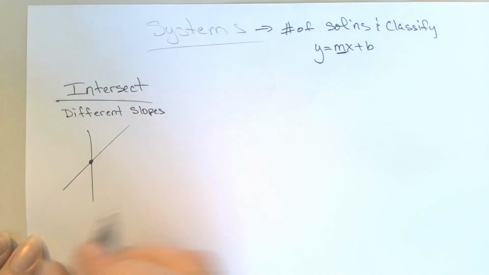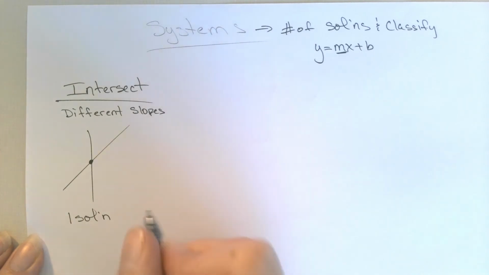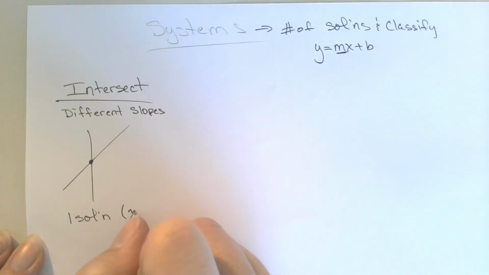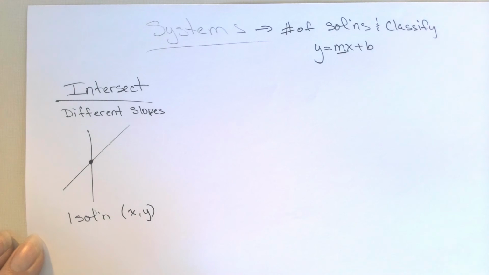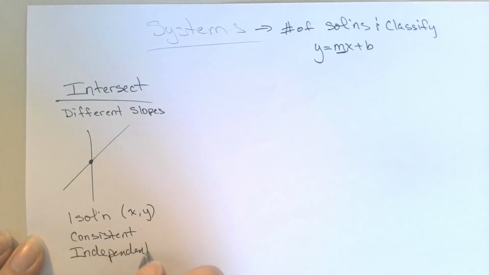So when they have 1 point in common, they're going to have one solution. And if I don't need to solve it, that is enough information. But please note that if you're asked to solve it, you have to give the solution as an ordered pair. The classification is that it is consistent and independent.